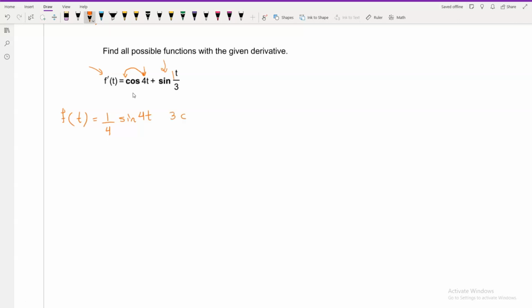Here we have sine, but we're going to have negative cosine. And then use that one, t over 3. So f of t is equal to 1/4 sine 4t minus 3 times cosine t over 3 plus c, a constant. So this is our answer.